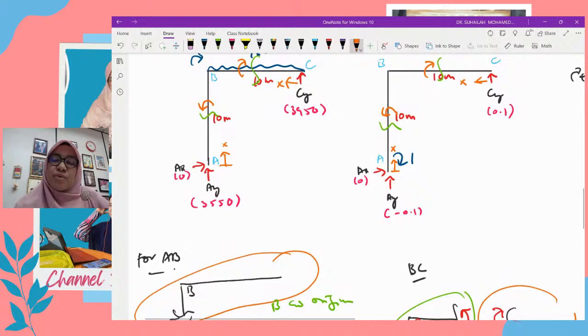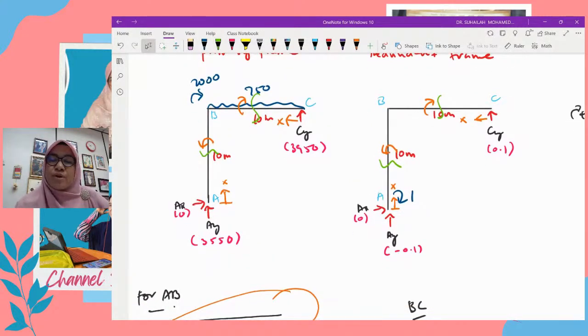So we write the moment equation and put it in table form, because we have more than one section. I believe the problem now is the moment equation. I found that students normally have a problem in writing the right moment equation. If you are clear with the moment equation, I believe you can do this analysis until the end, because it is actually the same as for a beam.